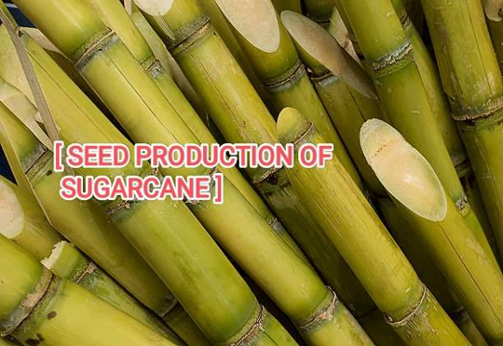In each of these small plots, approximately 600 to 800 single bud sets are accommodated. After placing, the sets are covered with dried cane leaves and kept in position with a light soil cover.